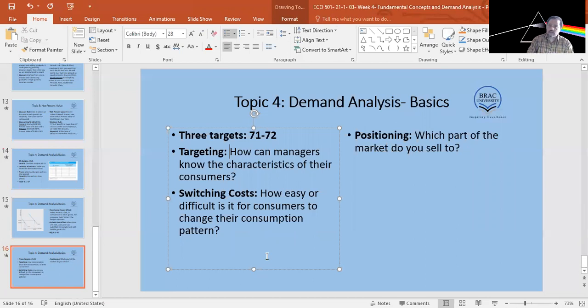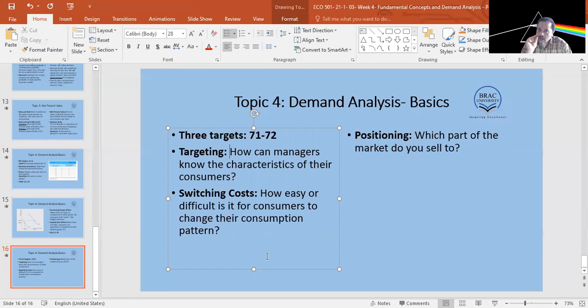Although there is a debate on what you will do with the batteries after they finish. Okay, so you are a firm who wants to market this type of particular cars. Now, those who don't have a car, you can easily attract them. But those who already do have a car, they have a switching cost. How do you attract them?